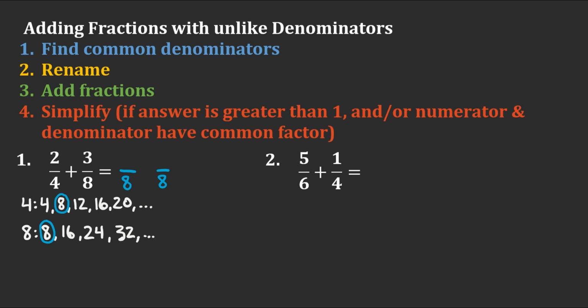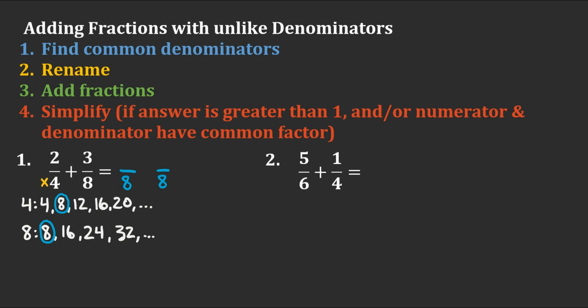The second thing that we need to do is rename our fractions, meaning find the equivalent fraction for the two fractions we are adding together that have a denominator of 8. Well, if we know how to find equivalent fractions, then we just follow those same steps. 4 in our denominator multiplied by what gives us the 8 that we need?